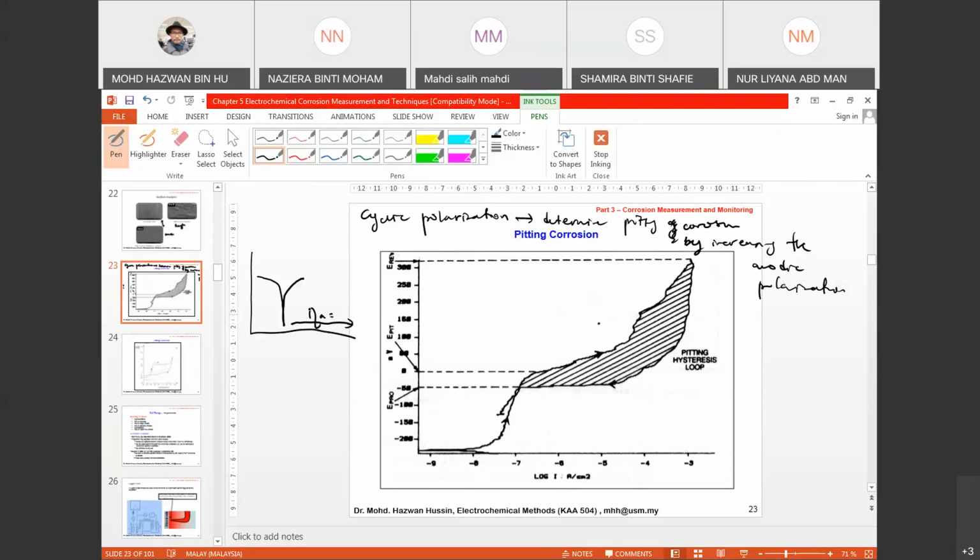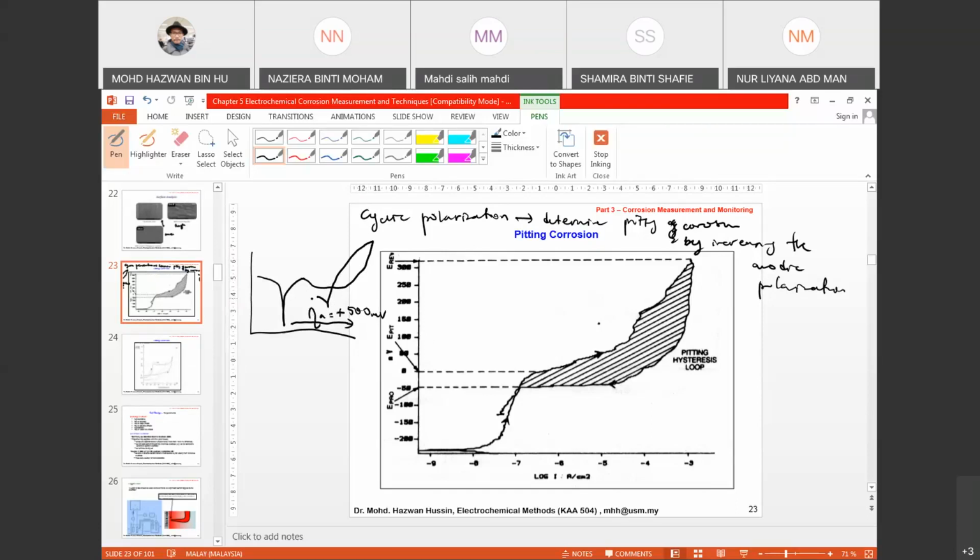Maybe it's no longer 250, but maybe 500 millivolts or even more. So you will have more data, more anodic current response. Over here you can observe the passive, transpassive, and then after a certain point, it will reverse and form almost like a second Y shape over here.